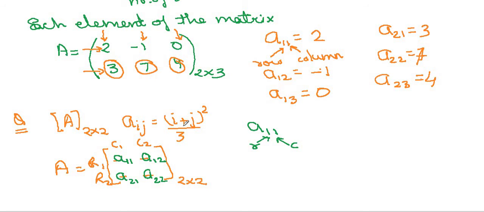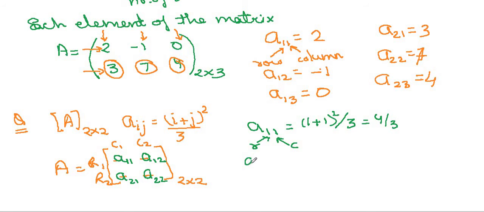And aij is (i plus j) whole square upon 3. So replace i by 1 and j by 1, where this is i and this is j. So it is (1 plus 1) whole square upon 3, which means 2 squared upon 3, that is 4 by 3.